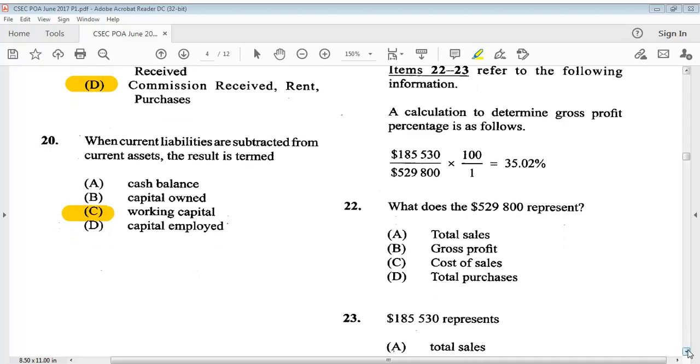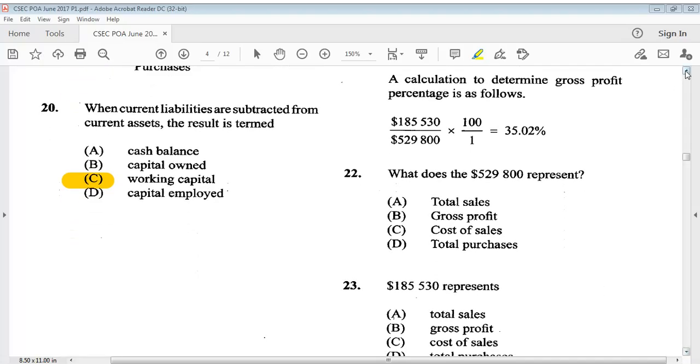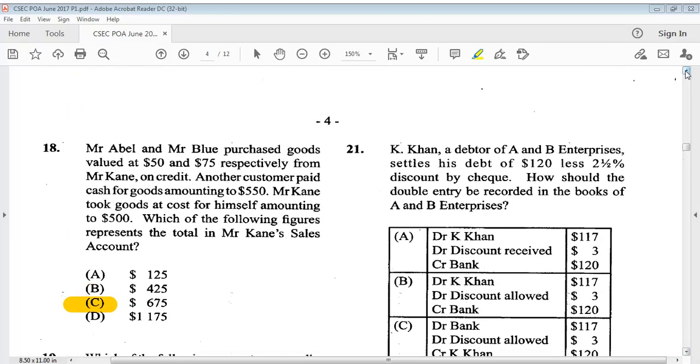Go on to 21. Question 21 says K Khan, a debtor of A and B Enterprises, settles his debt of $120 less 2.5% discount by check. How should the double entry be recorded in the books of A and B Enterprises? First of all, we would have to find out how much discount he got.